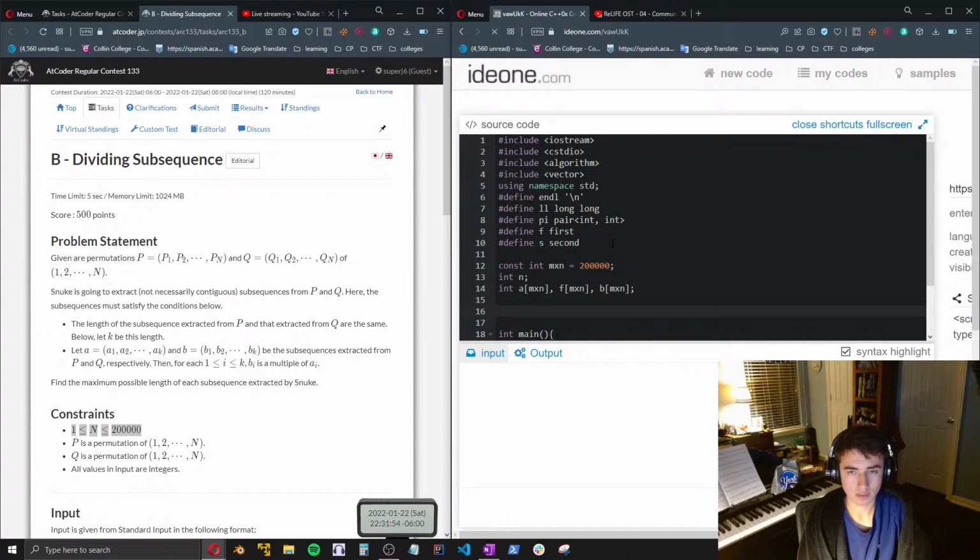Let me just make the BIT template first. So this is adding to a BIT, for x plus equals n. We need to have this plus 1 because the BIT is 1 indexed. B of x equals max of B of x.